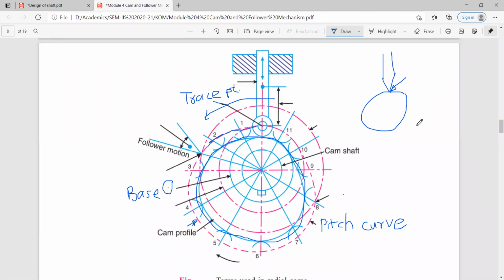Suppose in the case of a knife edge follower, you know that the trace point is here only, the knife edge.